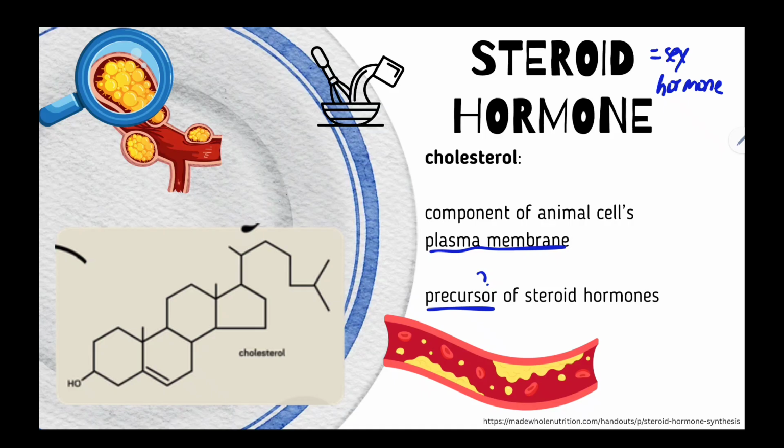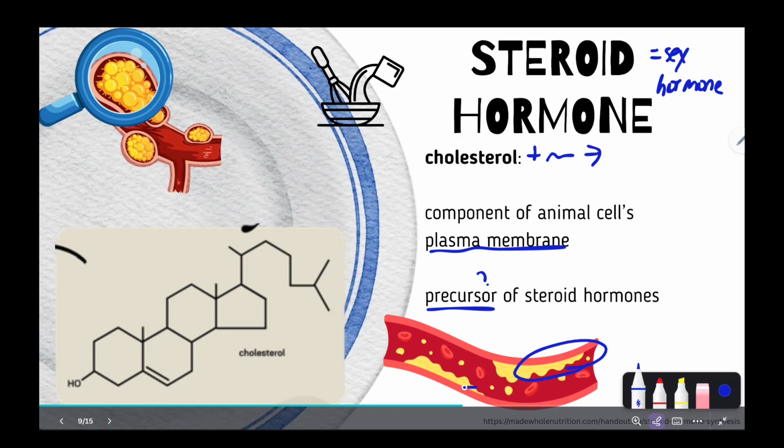This is just an ingredient, so cholesterol and other things combined make steroid hormone. You might have heard of cholesterol a lot because it is easily found in our bodies. Now these yellow things are fats, and these in our body are called cholesterols. So this cholesterol blocks our blood from flowing rapidly and fluently.